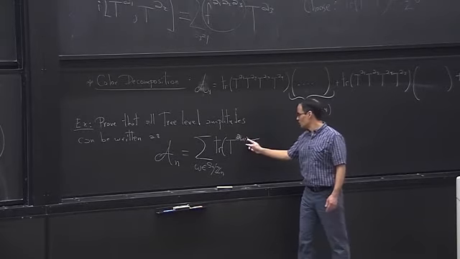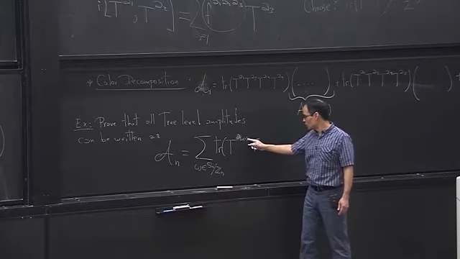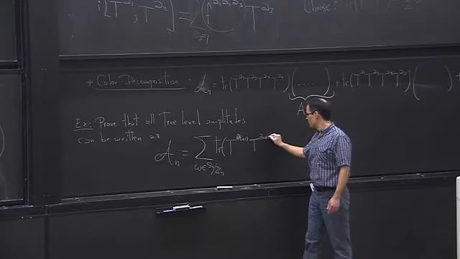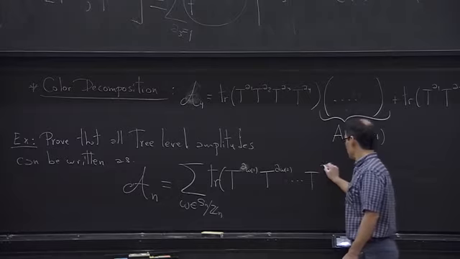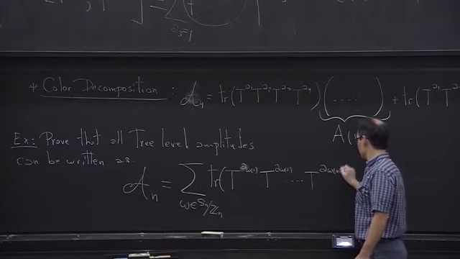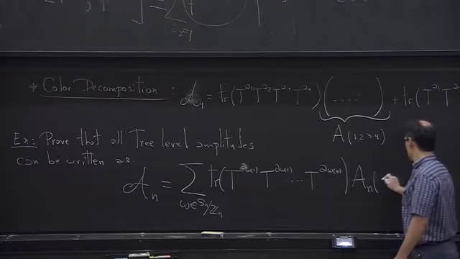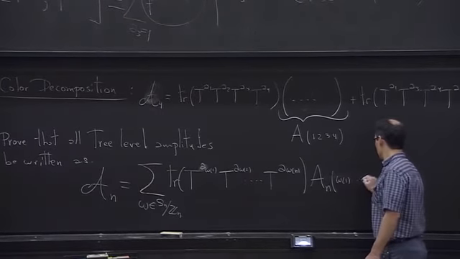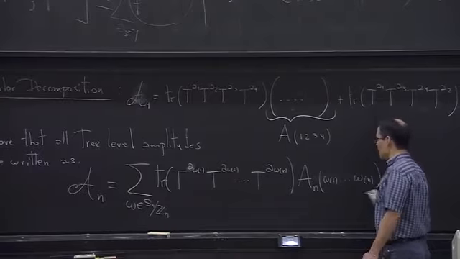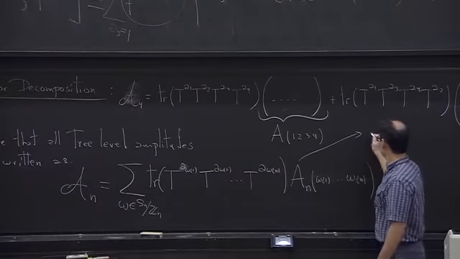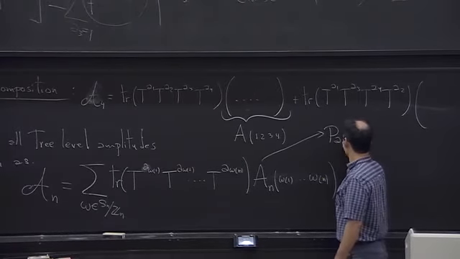I apply the permutation to the element 1, and whatever I get, I put it here. And I have the product of all these things times the corresponding object. And this object has a name. It's called a partial amplitude.